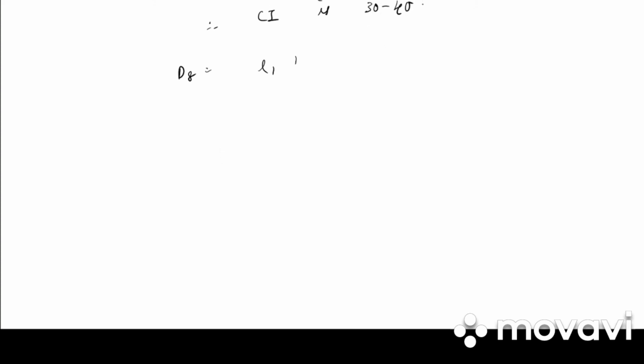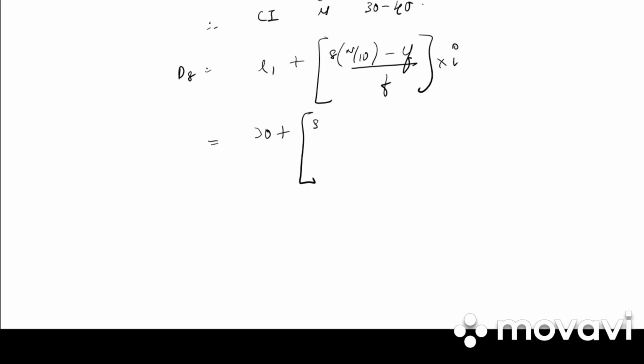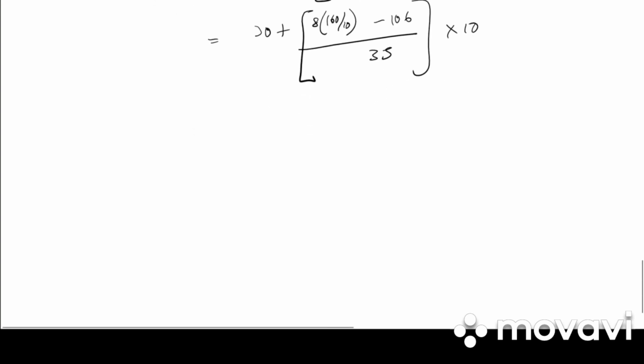D8 is equal to, what is the formula? L1 plus 8 into n by 10 minus CF divided by F into I. 30 plus 8 into 160 divided by 10 minus 106 divided by 35 into 10.